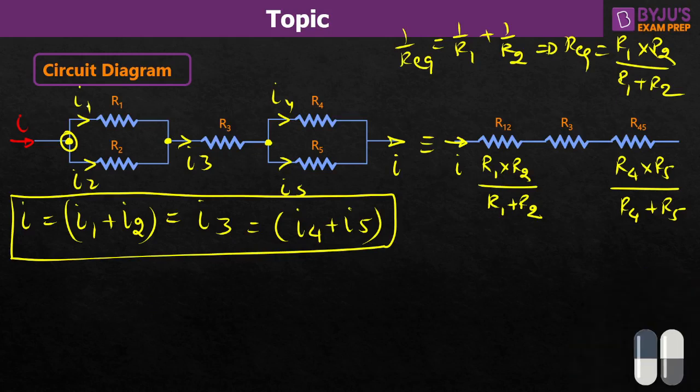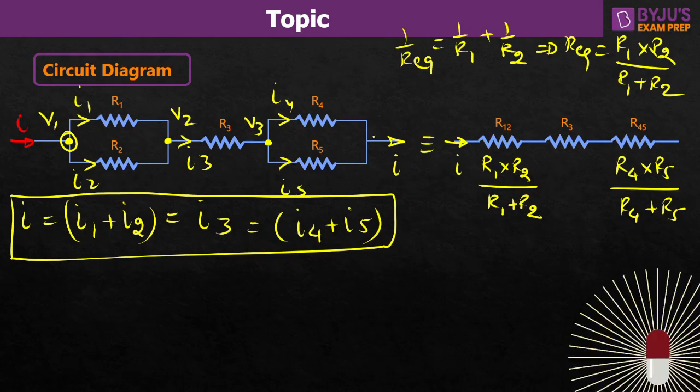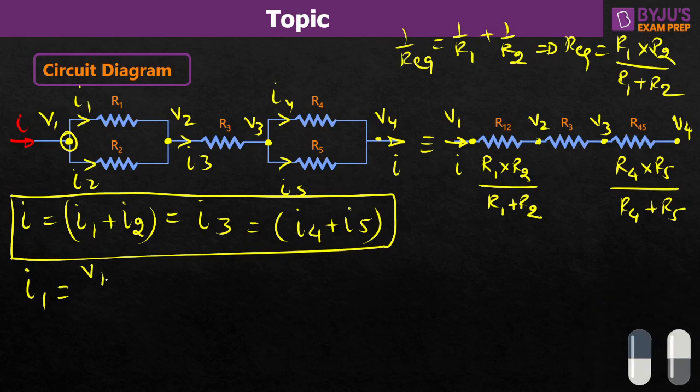Here we can write, let me call this point V1, this point V2, this point represents V3, and this point represents V4. If you want to write I1, I1 will be equal to V1 minus V2 upon R1.